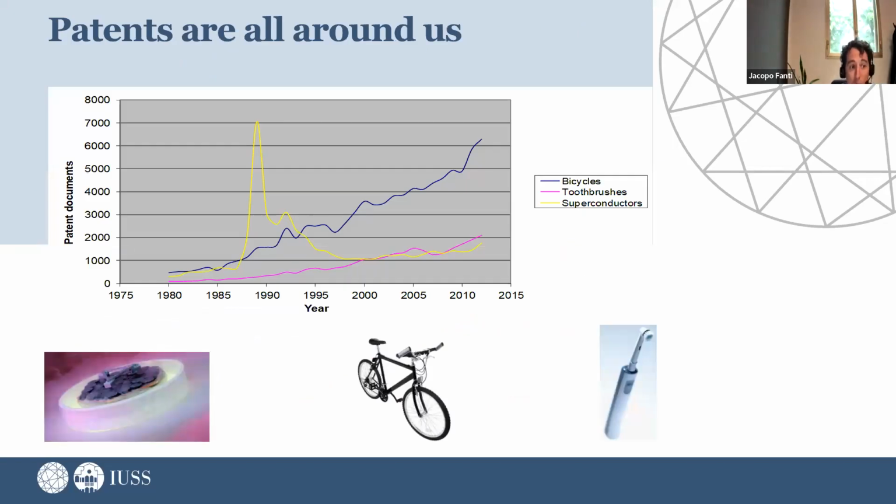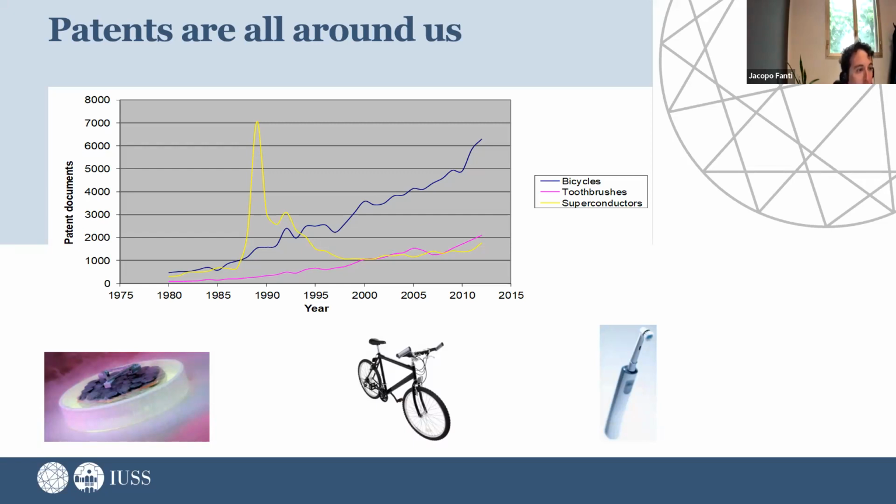Because patents are all around us. There are a huge number of patents covering almost every product that you can buy. So patents are of interest for everybody. So here are some examples of patents in 3 different technical domains. As you can see, the superconductors, which were very important, very famous, and very trendy during the 80s and 90s, have now dropped. And toothbrushes, for example, are increasing, or patents related to bicycles, for example.